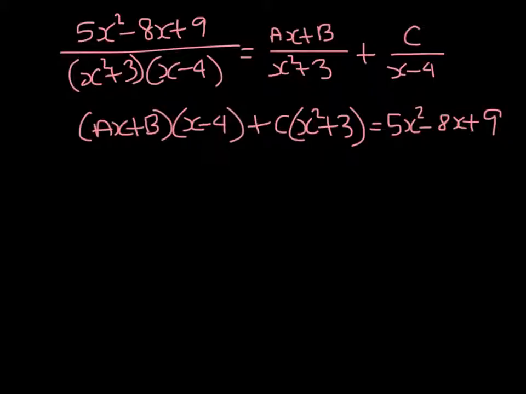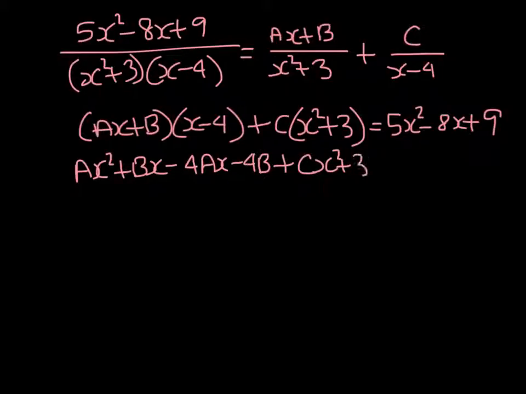So when we multiply this out, we're going to get ax squared plus bx minus 4ax minus 4b plus cx squared plus 3c. And we'll combine the like terms here.